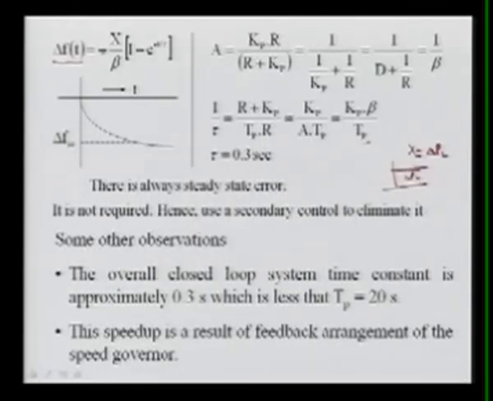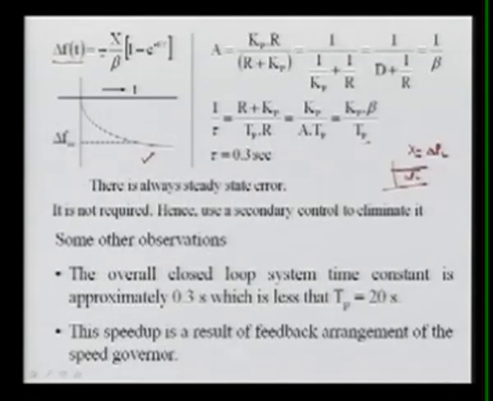The negative sign shows that whenever the load is increased, x is positive and the frequency change will be negative, meaning a lower frequency. It is exponential, 1 minus e to the power minus t upon tau, where tau is the time constant. So the frequency response will follow this curve, as shown here.